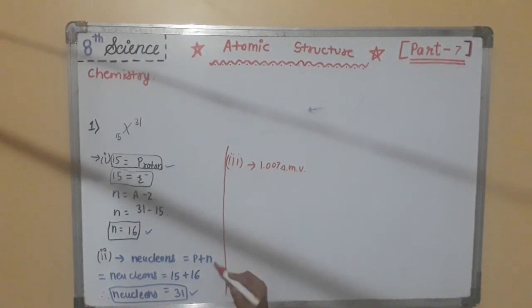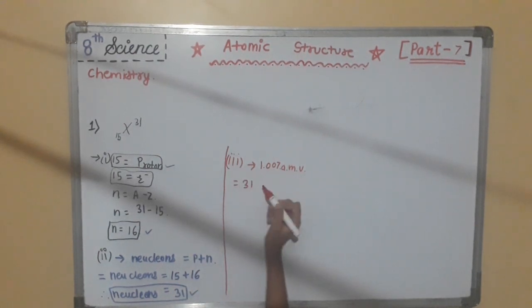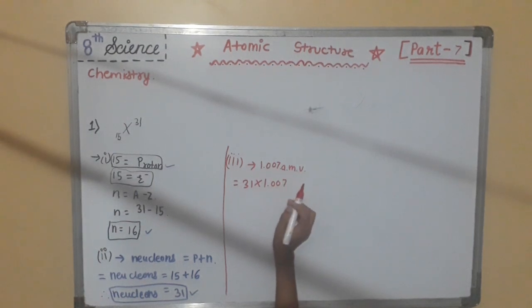We know the nucleons also, that is 31. So 31 into 1.007 AMU.